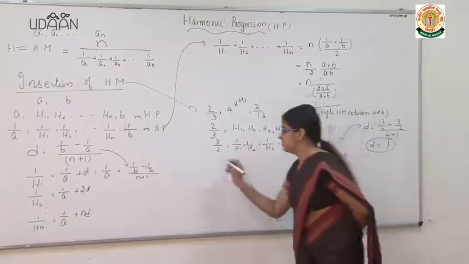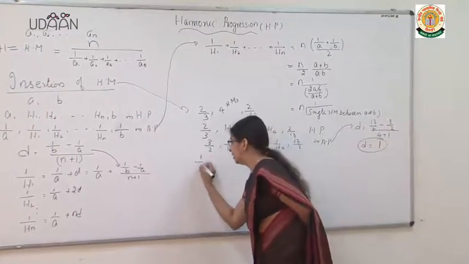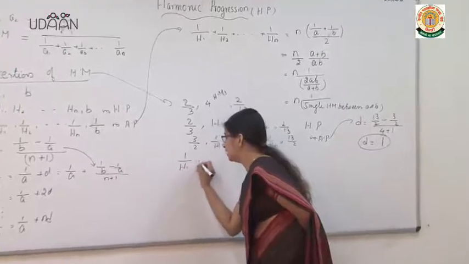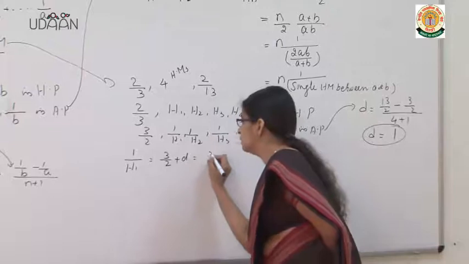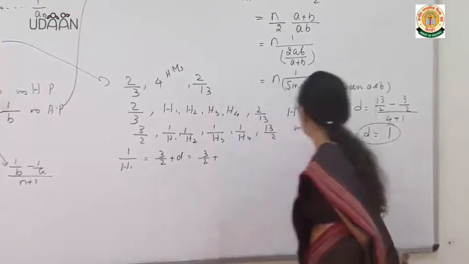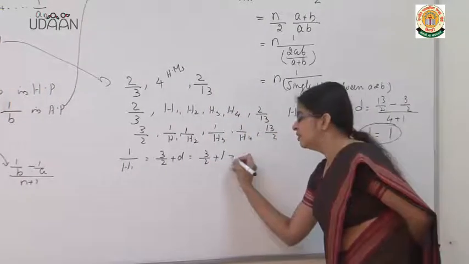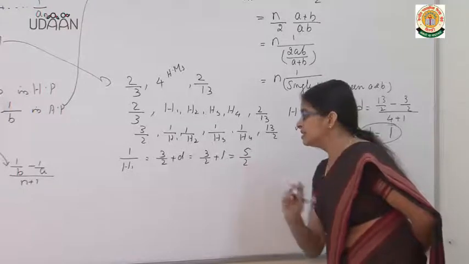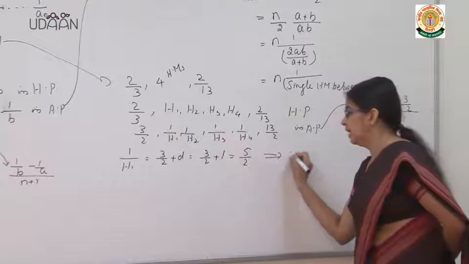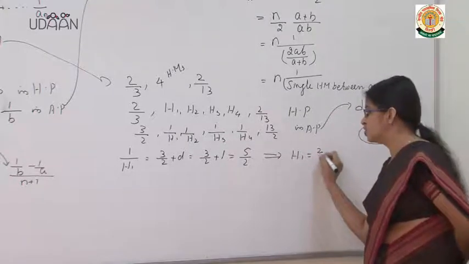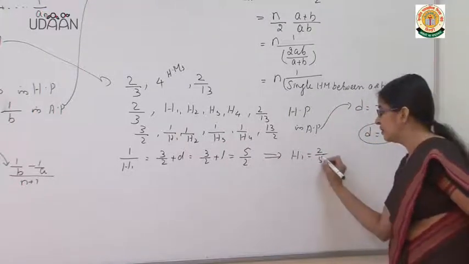Let's find the first mean, first harmonic mean. It's given by 1 by H1 equal to 3 by 2 plus D, 3 by 2 plus 1. Simplify, what do we get? 1 by H1 is given by 5 by 2. This implies H1 equal to 2 by 5.